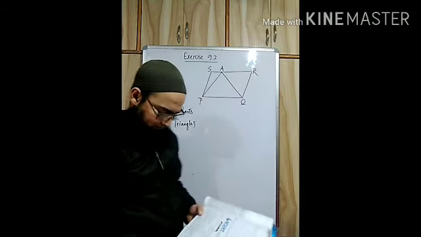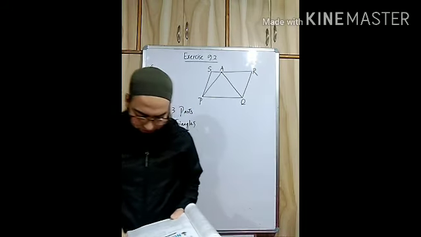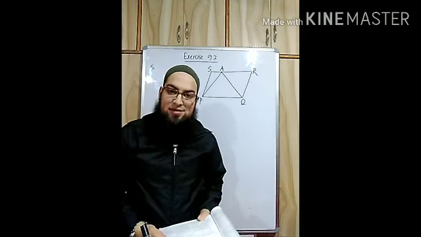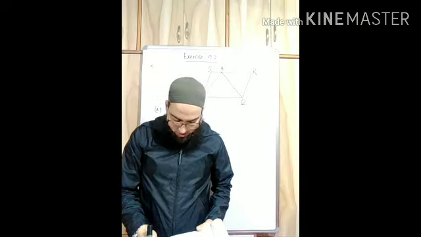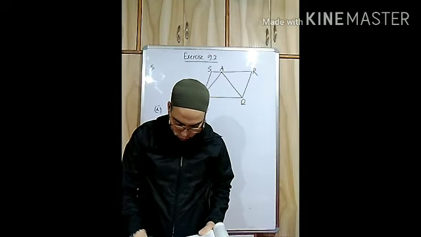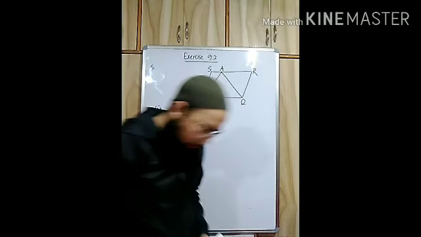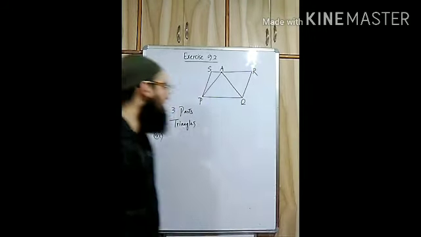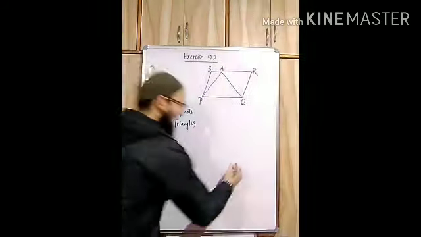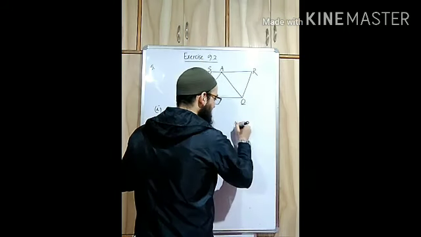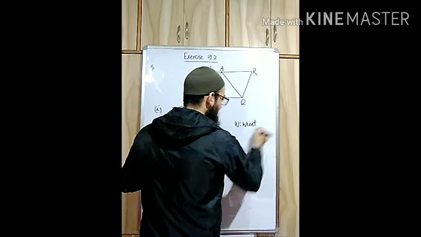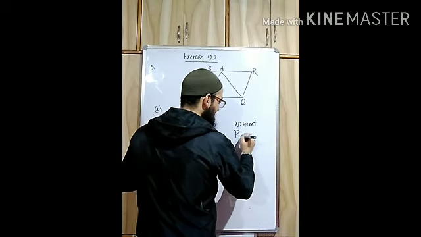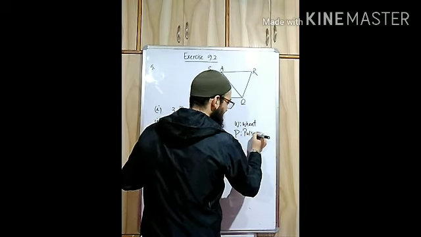Then the farmer wants to sow wheat and pulses in equal portions of the field separately. How should she do it? She wants to sow wheat and pulses in equal portions. Let's say W stands for wheat and P stands for pulses.